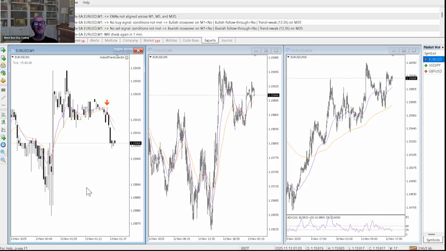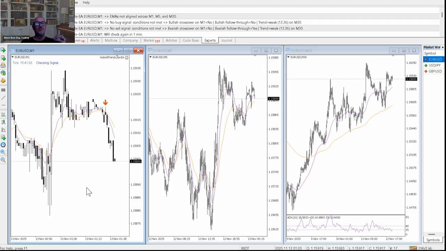Not every signal you're going to get is going to be a trade. Not every trade will be a good trade. This is quality over quantity. I can't stress that enough. So patience, patience, patience. And you're only going to get the signals that are considered to be solid trading signals.